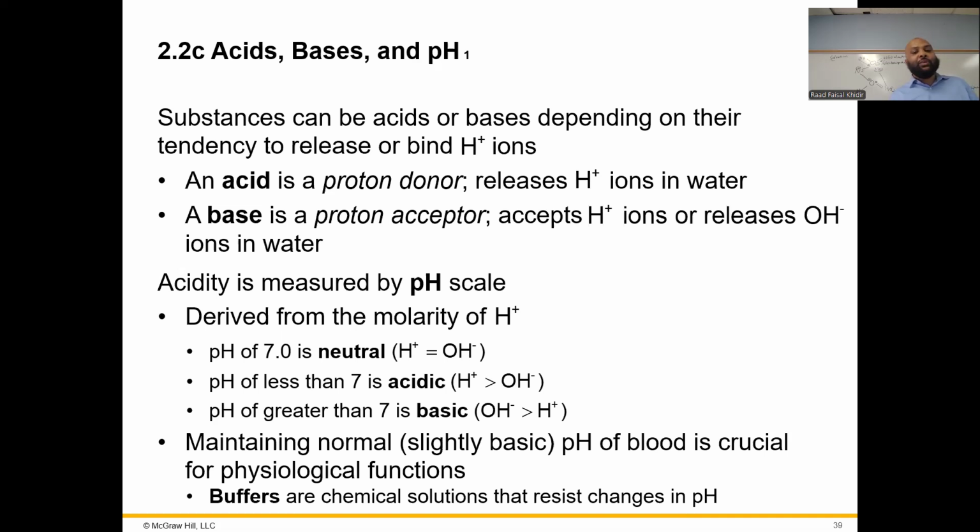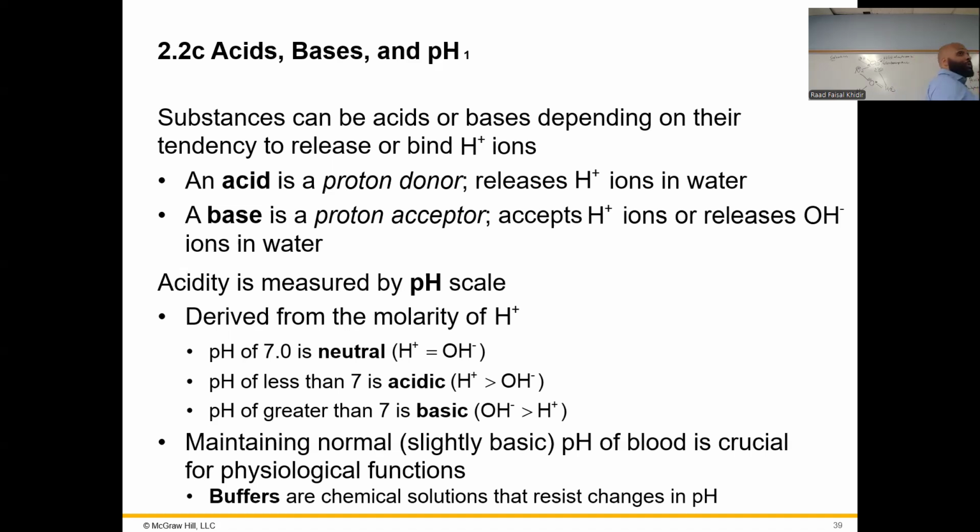An acid is a proton donor and releases hydrogen ions in water, while a base is a proton acceptor and accepts hydrogen protons. A base can do two things. It can accept a hydrogen proton or donate hydroxyl ions, OH. But an acid only donates hydrogen protons.